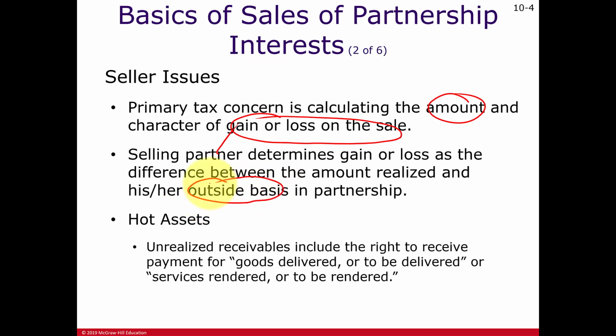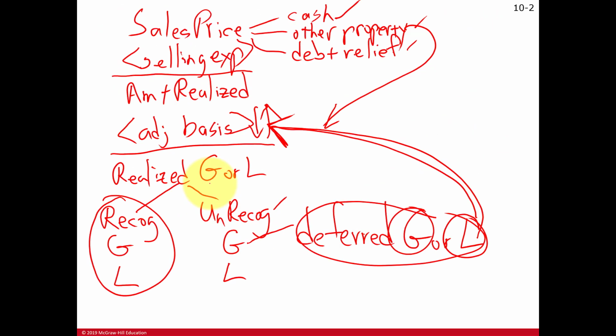In other words, in this calculation here, this basis is the outside basis of the partner's interest. So this could be based upon whatever the partner had initially paid to buy that interest, not from the partnership, that's inside basis, but buying it from another partner or another individual. And the partnership doesn't keep track directly of that amount.